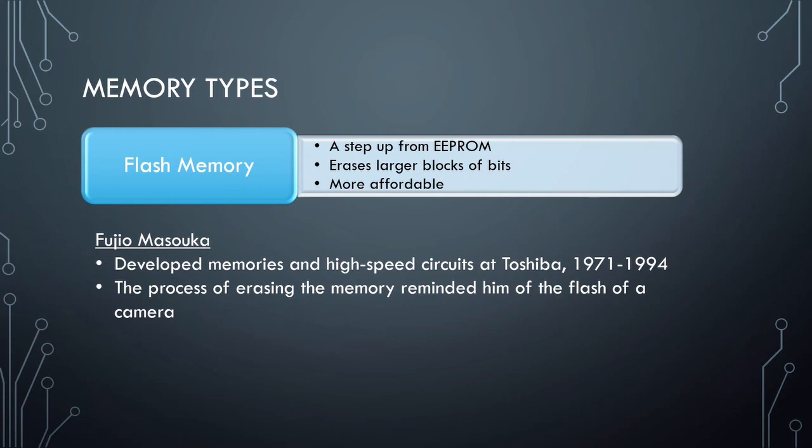And what you'll be doing for part of your homework this week is actually learning more about flash memory on your own. I really like to encourage independent research and exploration in this course. So you'll be learning more about flash memory and its founder. Fujio is still alive. He is currently 77 years old. And hopefully you'll be able to research and learn a little bit more about the beginnings of flash memory.